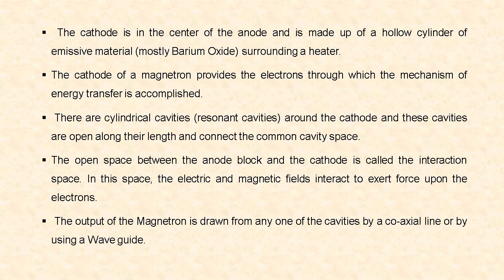material to produce electrons. The cathode of a magnetron provides the electrons through which the mechanism of energy transfer takes place. Here there are cylindrical cavities or resonance cavities around the cathode, that is on the anode, and these cavities are open along their length and connect to the common cavity space, that is the interaction space.